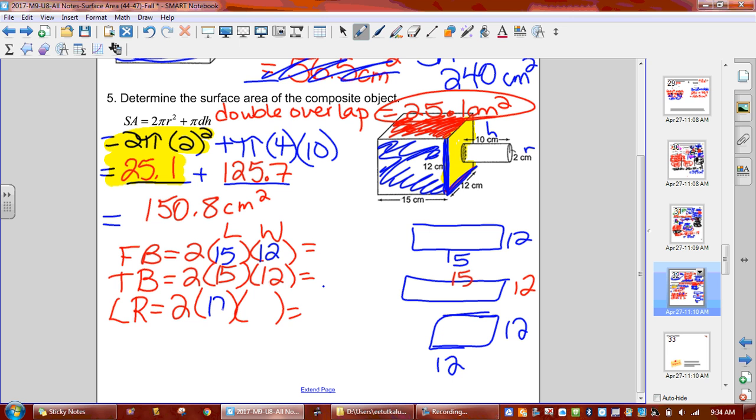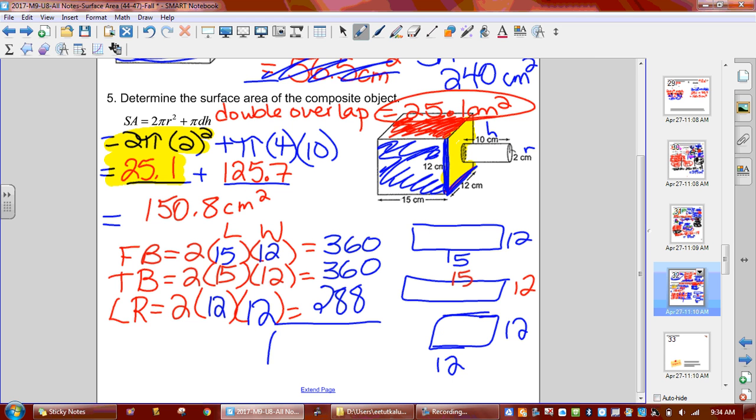So we're going to get 360, 360, 288. Now we add it up. That's going to give us 1,008 centimeters squared. But we're not done. We have one final step.